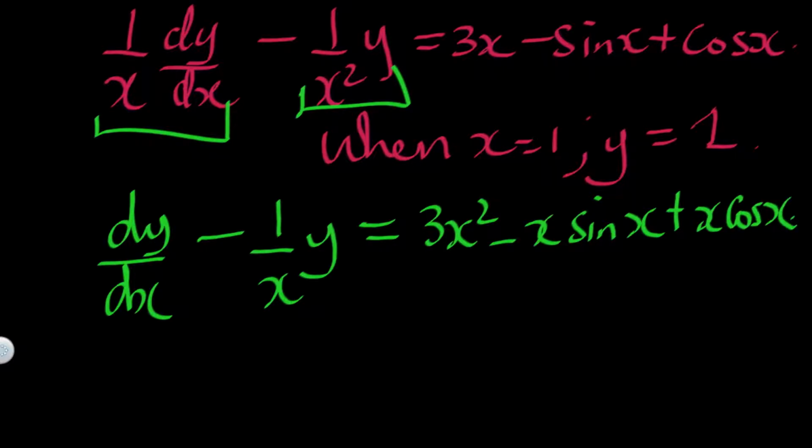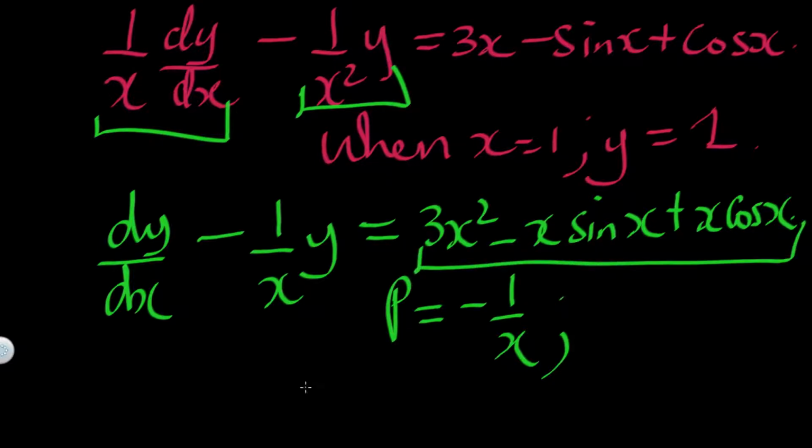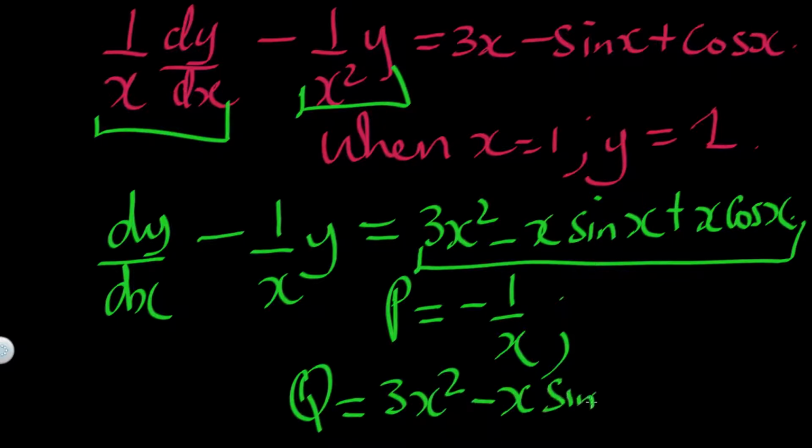Now I have my equation in standard form, I can identify my P and my Q. From here, it's quite clear that P is minus 1/x. This is my P, and all this is Q. So Q equals 3x² minus x sin x plus x cos x.